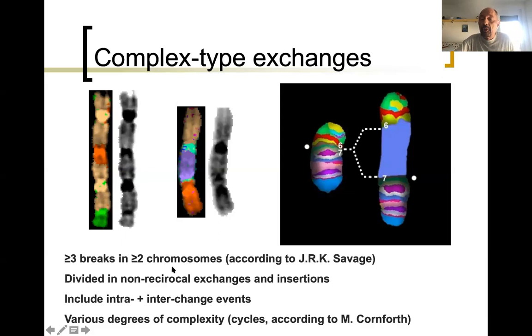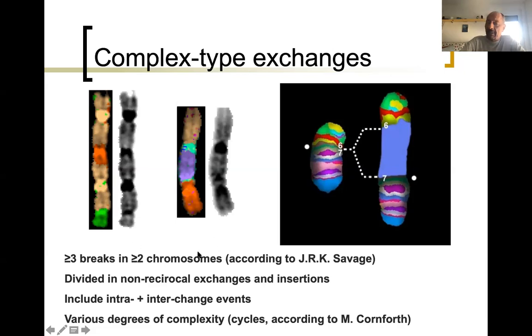They can be non-reciprocal exchanges and insertions, include intra and interchange events, and they have various degrees of complexity. This is just to give you an example. This is a normal chromosome in mBAND, and this is now a large insertion of a piece of another chromosome. I don't know which one, because of course this dot is blue, was inserted between bands 6 and 7.